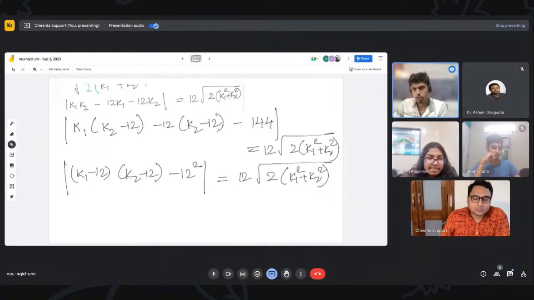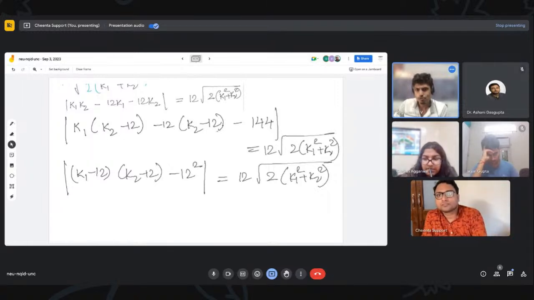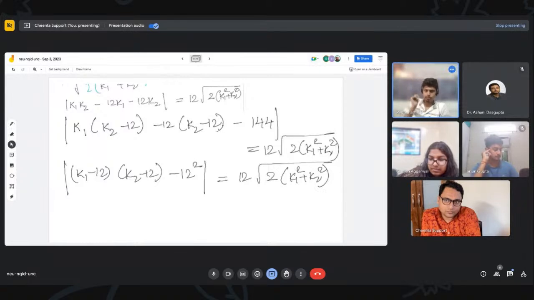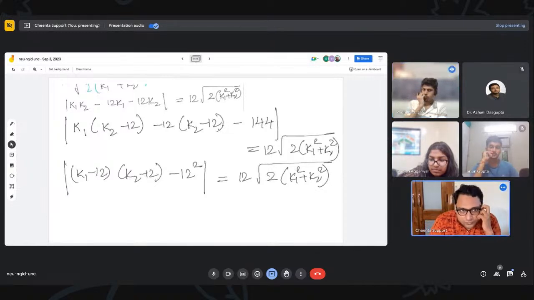I think only the product has to be divisible by 12. k1 minus 12. How to even solve this?